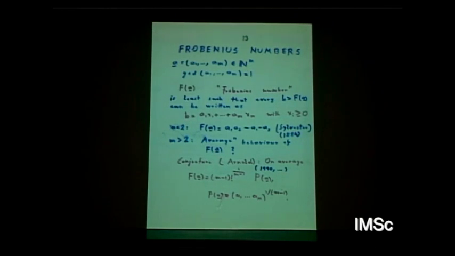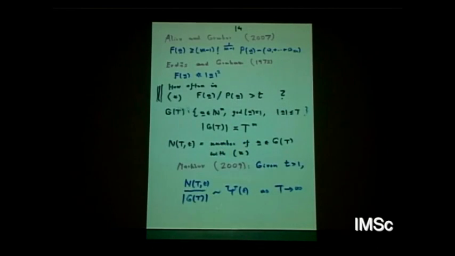Okay, so this is what Arnold conjectured, and in fact, his conjecture is at least true in that it is essentially a lower bound for F of A, because it was proved in 2007. You have this bound with some little o subtracted, but Erdős and Graham give an upper bound.